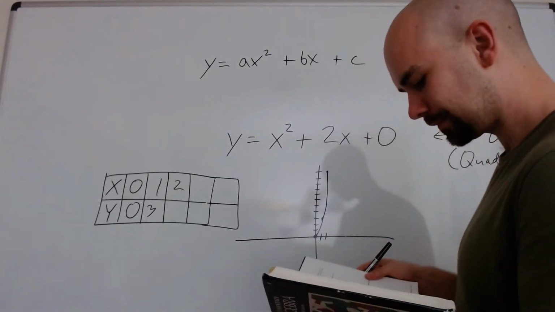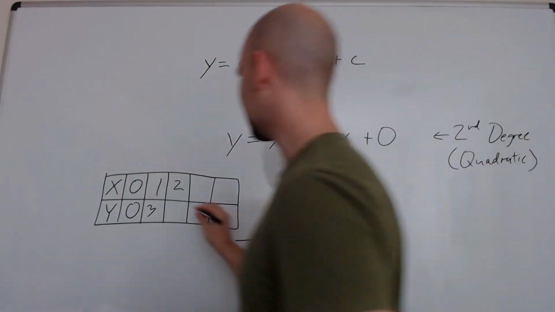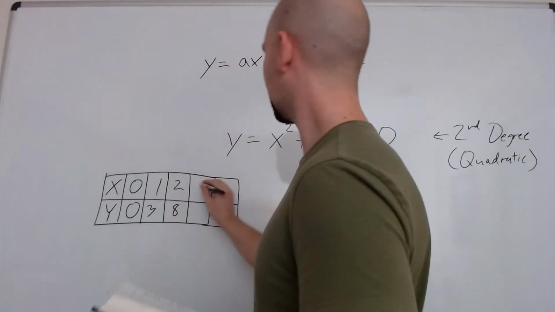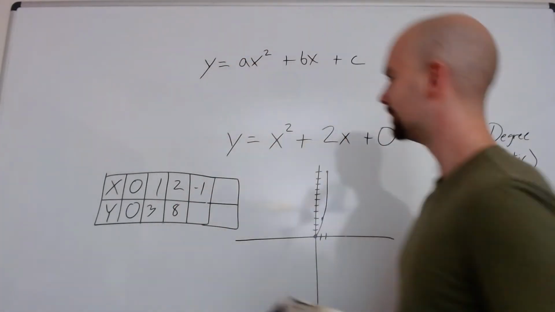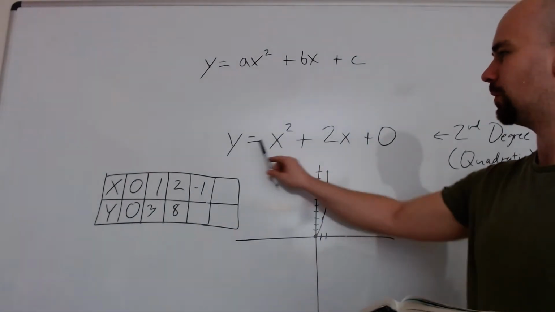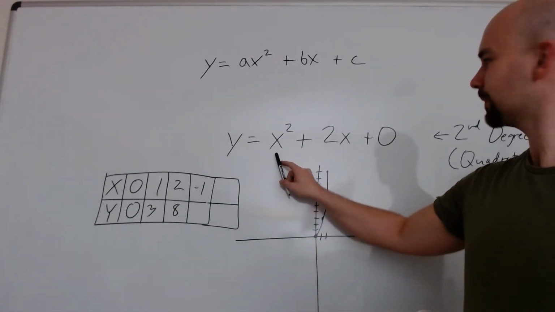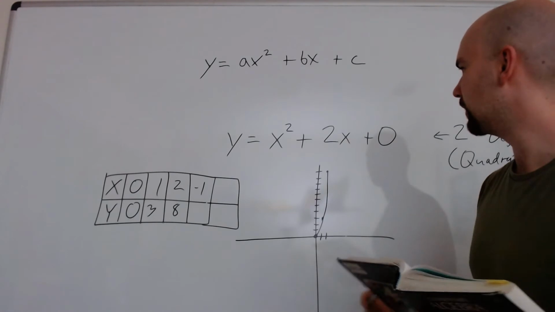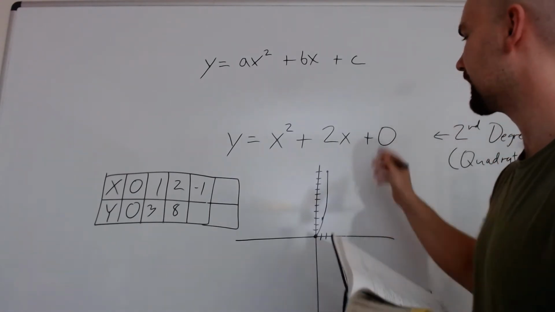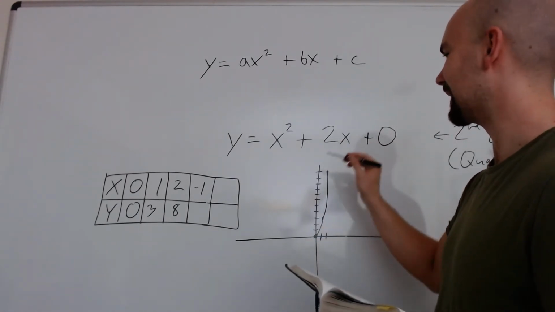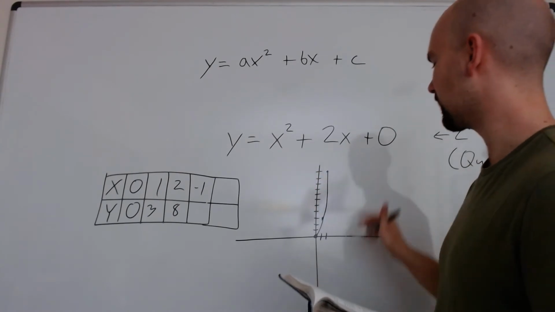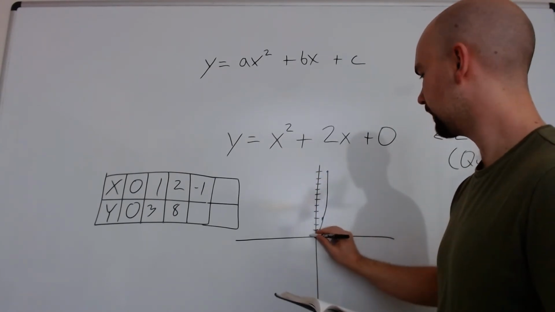All right. Now let's try negatives. -1. All right. y equals -1 squared, which is 1, plus 2 times -1. So 1 minus 2.